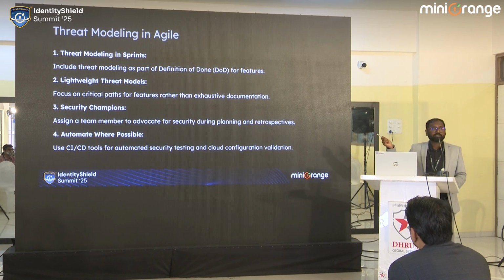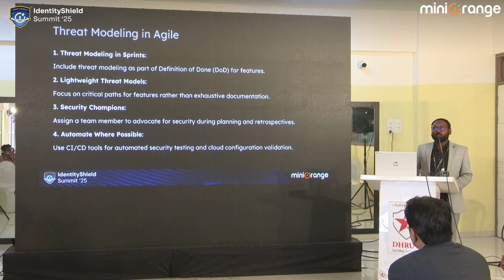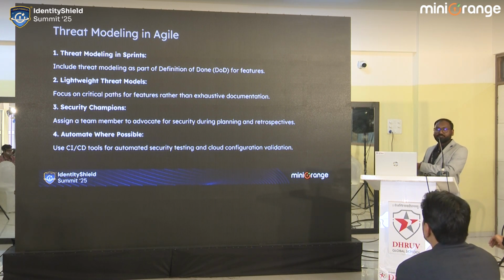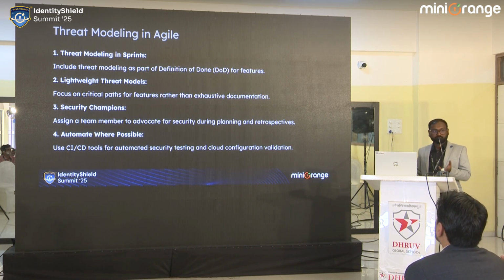Then this point is something I have heard a lot of people say: having security champions. Have you heard this term? It sounds fancy, but it works. Security champions is basically a dedicated team who is going to act as the adversary or defend around the problems. They are the ones who are going to find the problems in your product.